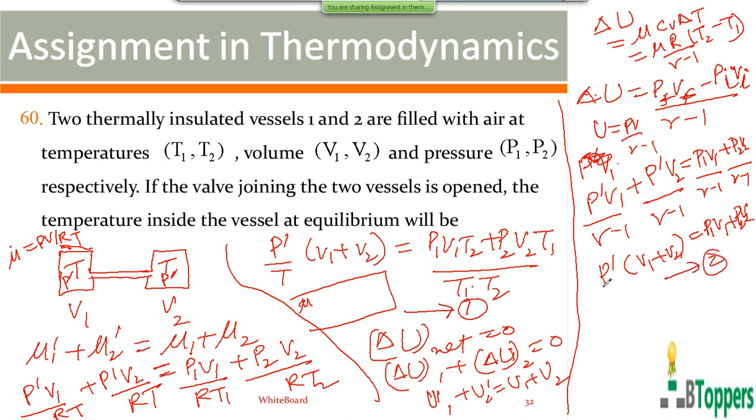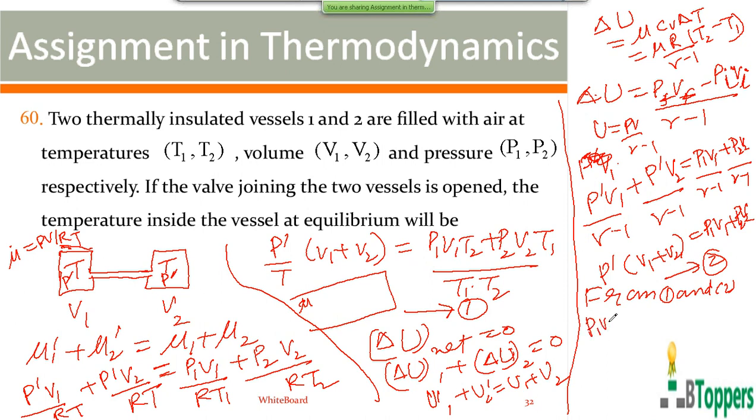You substitute this value of P dash into V1 plus V2 from second equation into the first equation to find final temperature. So from first and second equations, substitute the value of P dash into V1 plus V2 from second equation into the first equation.